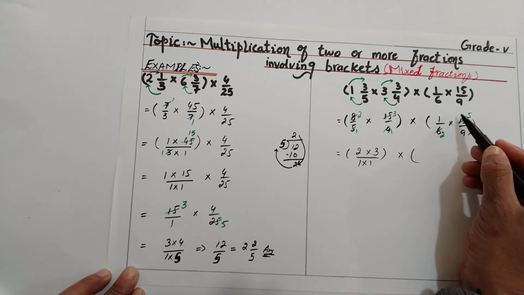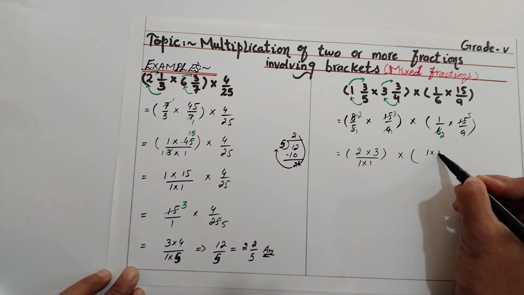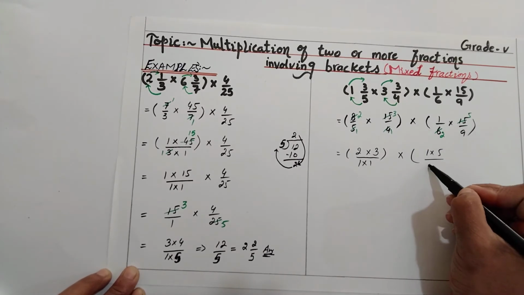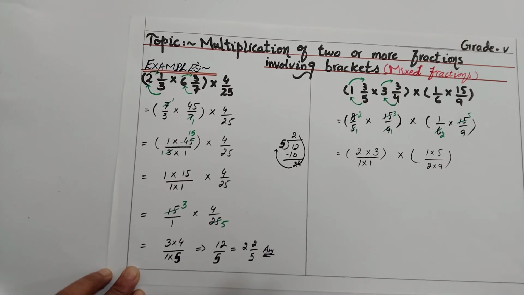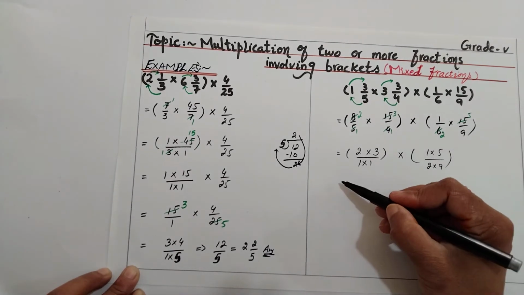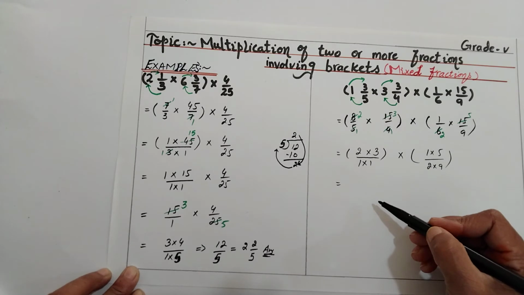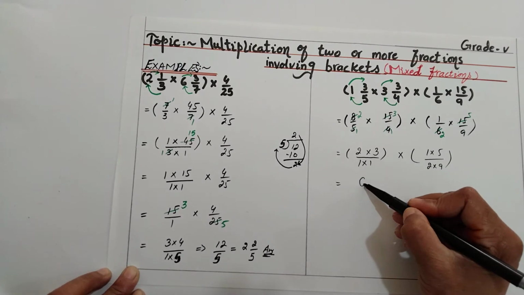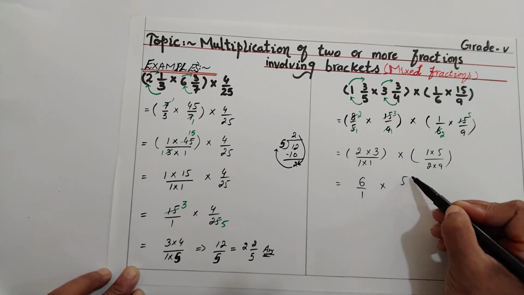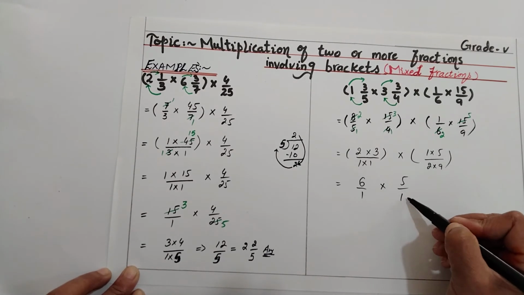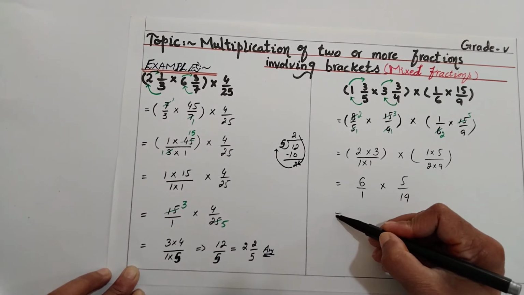Come to the second group. 1 multiplied by 5 and 2 multiplied by 9. 3 twos are 6. 6 over 1 multiplied by 5 ones are 5. 9 twos are 18.